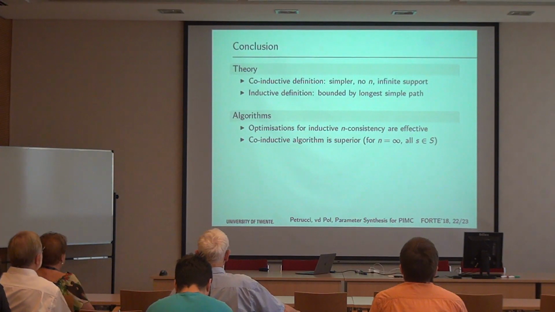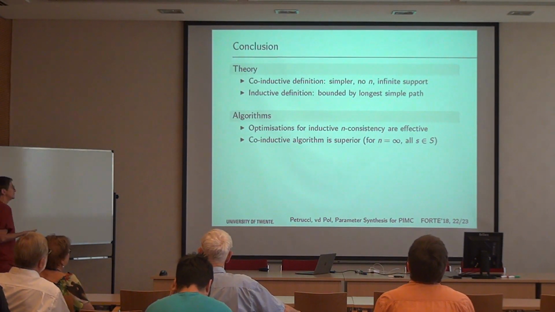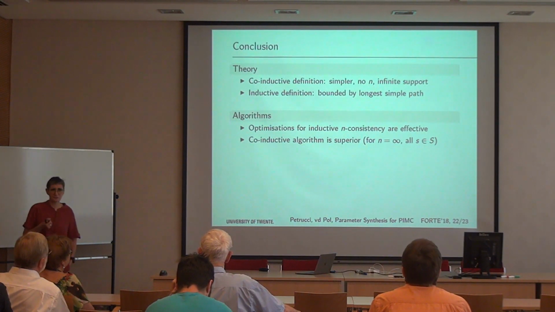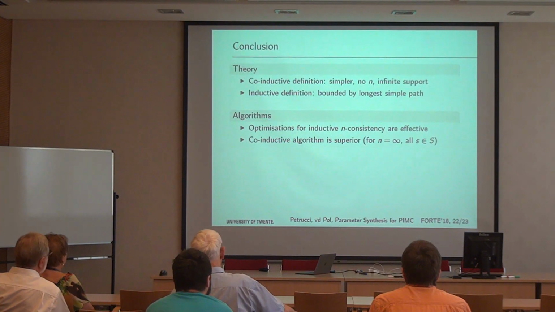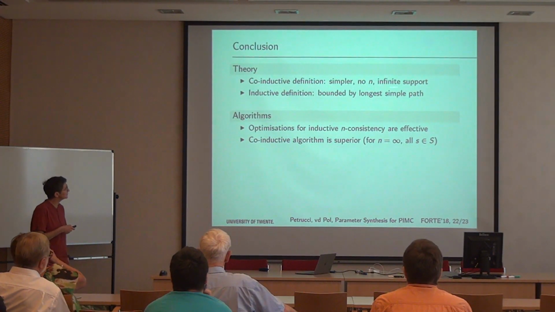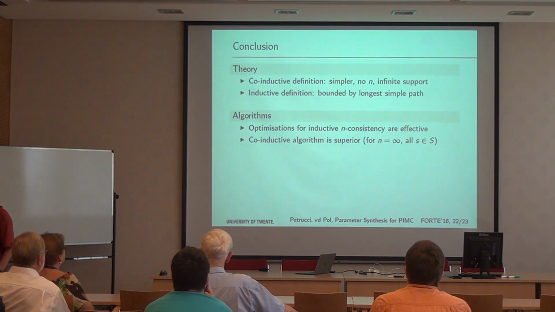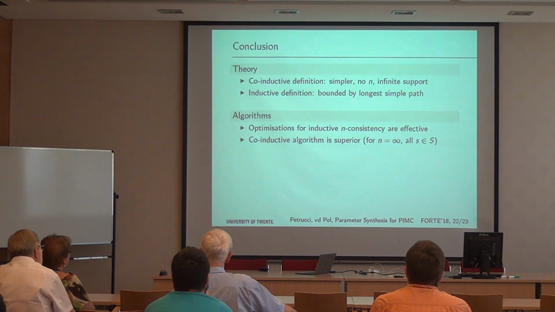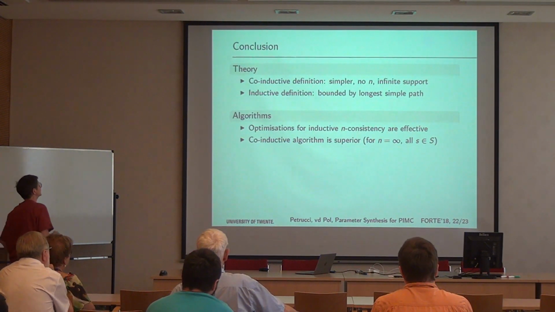So to conclude, we have shown a co-inductive definition of consistency, which is simpler in the sense that there is no n. We have this infinite support that we can take care of. It works with the infinite support, whereas with n, you can't have something with an infinite support.